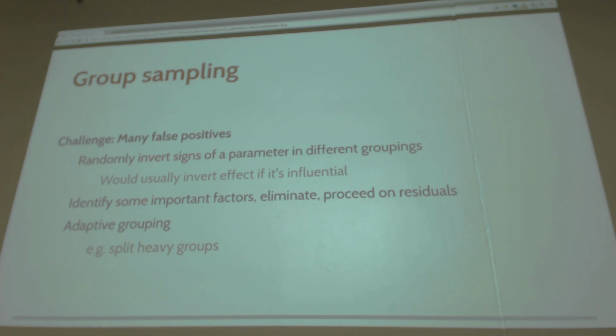Another way is to identify some factors that are clearly important. If you see that in every group where a factor appeared the group is influential, then it is probably influential. So you can identify some factors that are important, and then you can eliminate their influence.